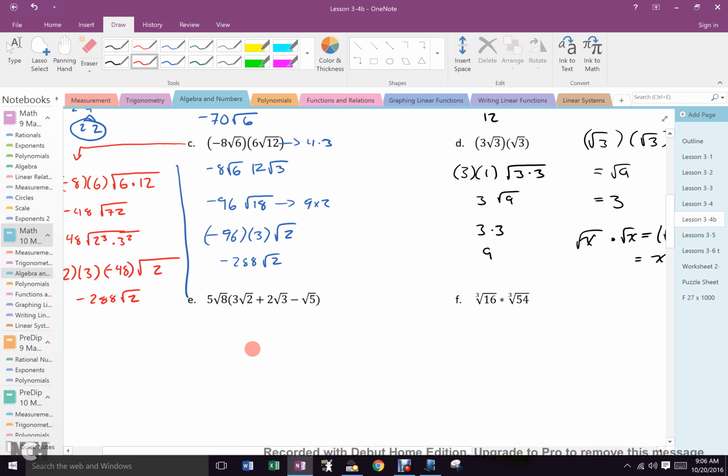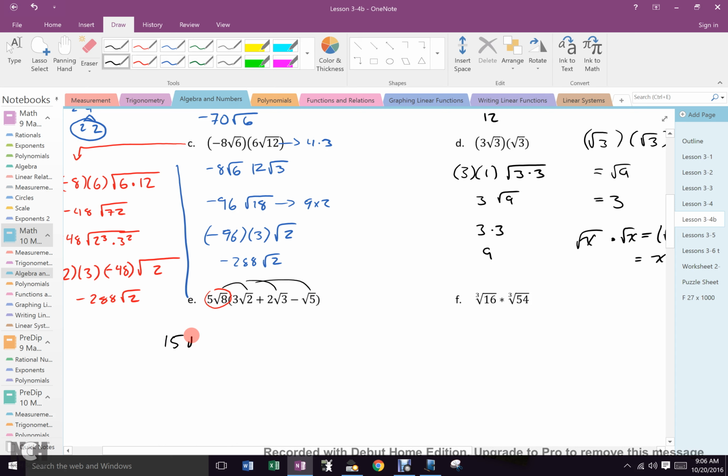So what do you think happens here? Where does this term go? Everywhere into the brackets. What's 5 times 3? 15. Do I need to write it out totally, or can I go to the, assuming you get the first step? Is it okay?